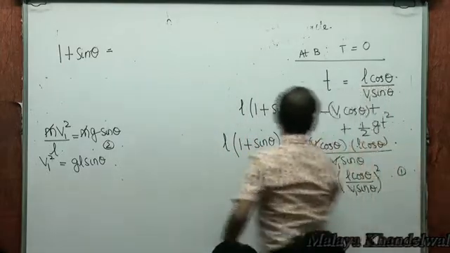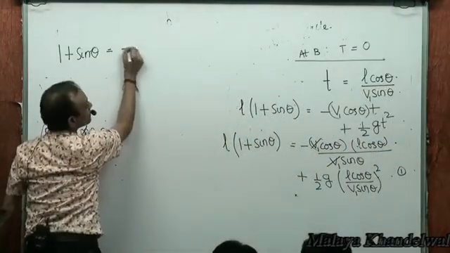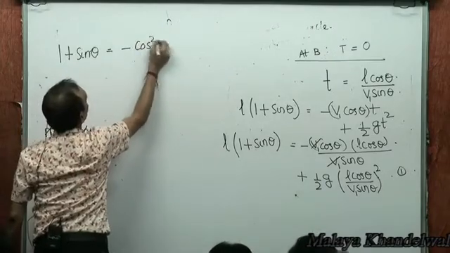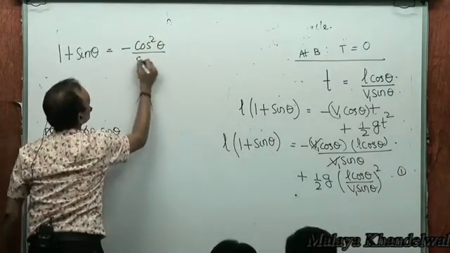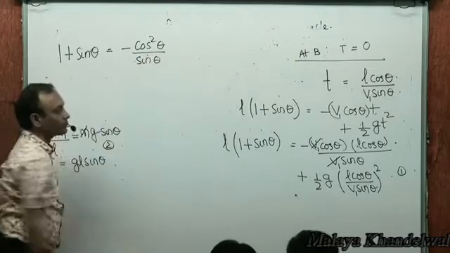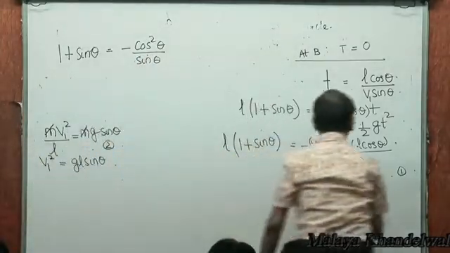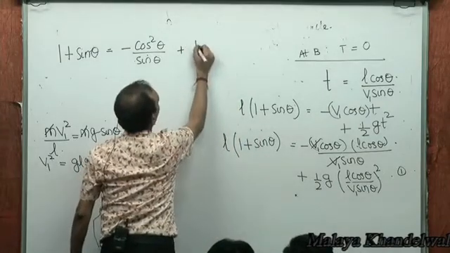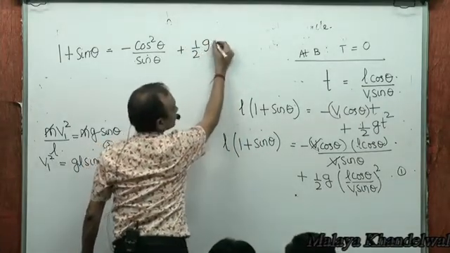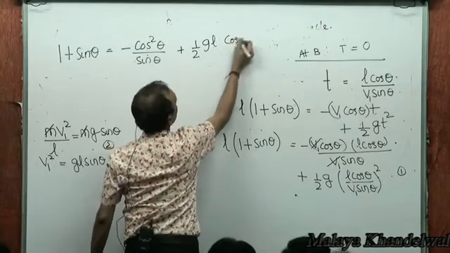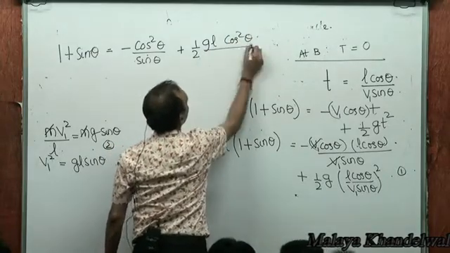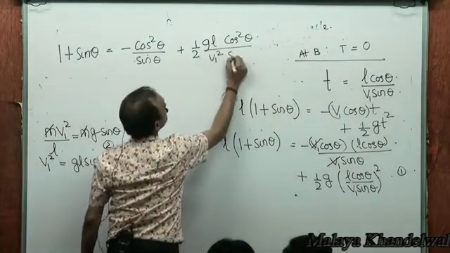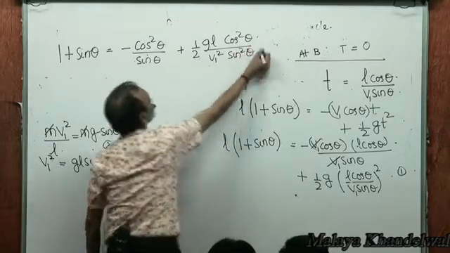This is cos square theta by sine theta. Then 1L will get cancelled here. So plus half g L cos square theta by V1 squared sine square theta. Yes or no?